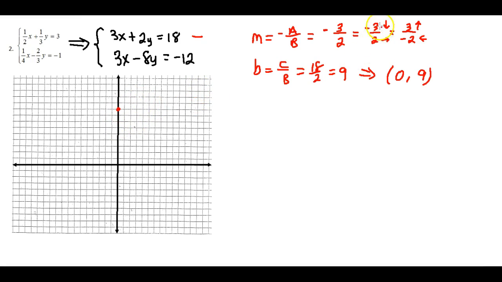I'll start with going down 3 units and to the right 2 units. So we go down 3 from here, 1, 2, 3, and then to the right, 1, 2, found the point. Then go down 3 and to the right 2 again.